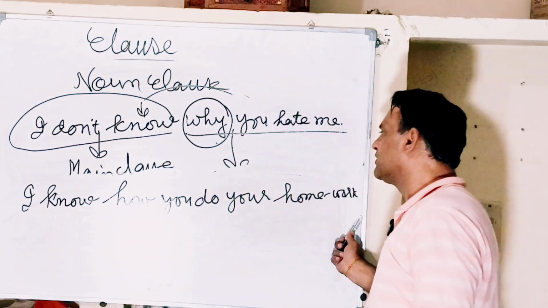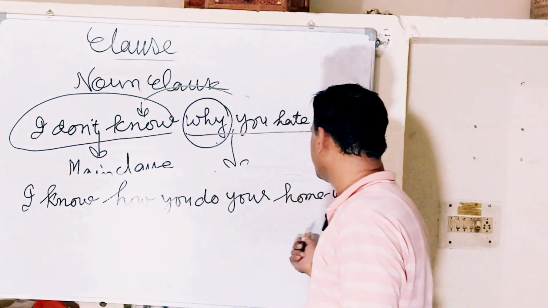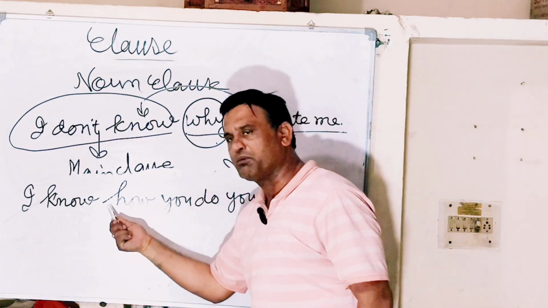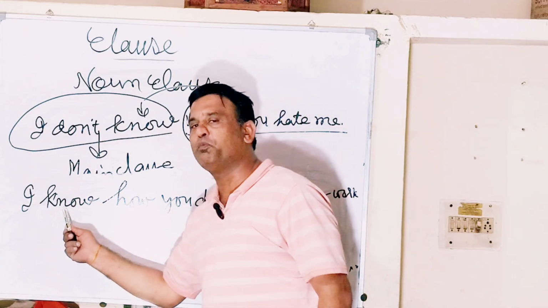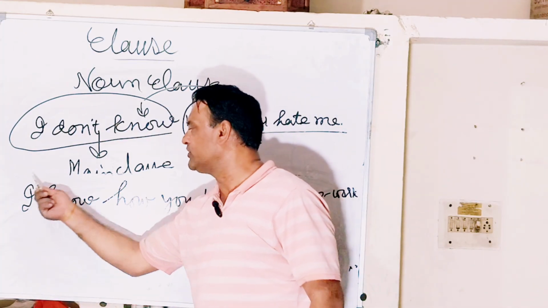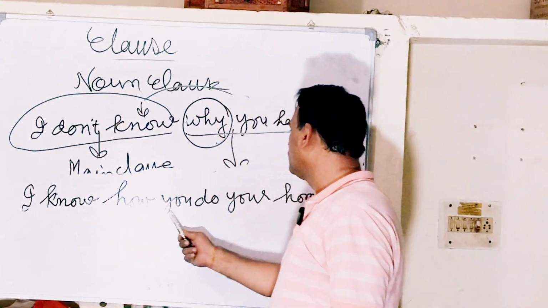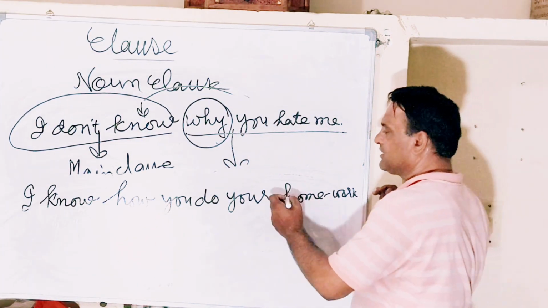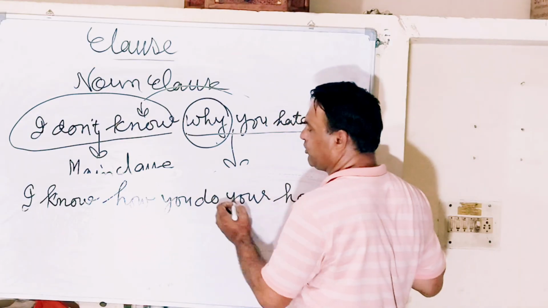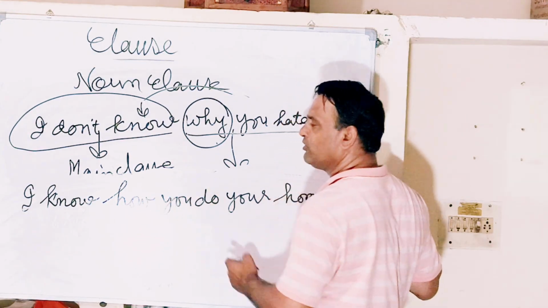How you do your homework is not a complete thought. ये पूरा thought नहीं है. ये sentence जो है वो ये subordinate clause है, क्योंकि ये अपनी मीनिंग के लिए इस नो पर डिपेंड है. इस सेंटेंस पर पूरे आई नो पर डिपेंड है. ठीक है ना. सो आई नो हाउ यू डू योर होमवर्क, एंड यू कैन रिवर्स इट एज वेल. आप ऐसे लिख सकते हो, हाउ यू डू योर होमवर्क आई नो.